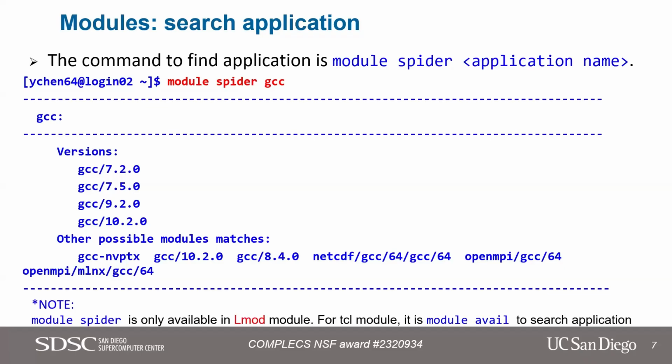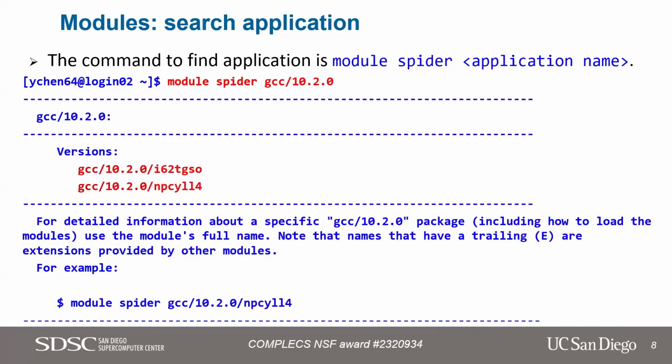Now, if we want to get more information about a specific version, we can run the module spider command with the specific version. In this example, we want to know more about GCC 10.2.